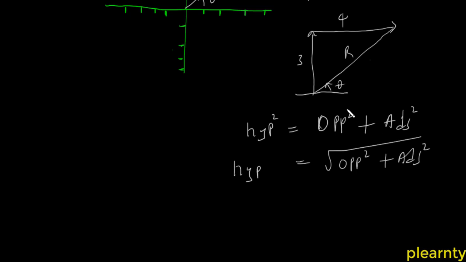Now, what's our opposite? This theta here and this is the same. So we can call this opposite, theta, and this adjacent. So opposite is 3. We have 3 squared plus 4 squared.